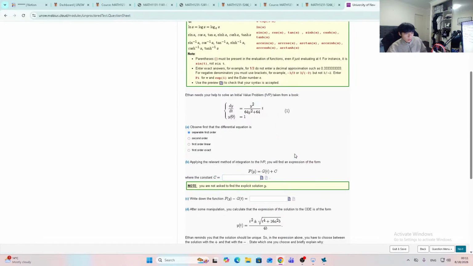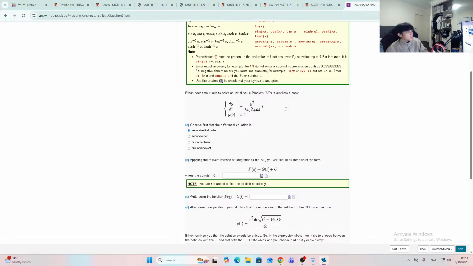You find an expression in the form using the relevant method of integration. You want me to integrate? Whatever. No, I'm going to integrate using Maple because Maple's goated.